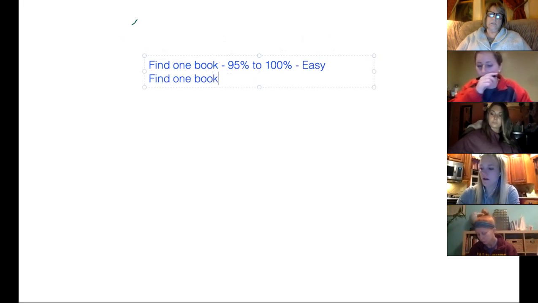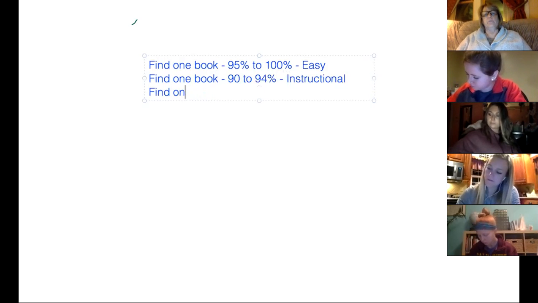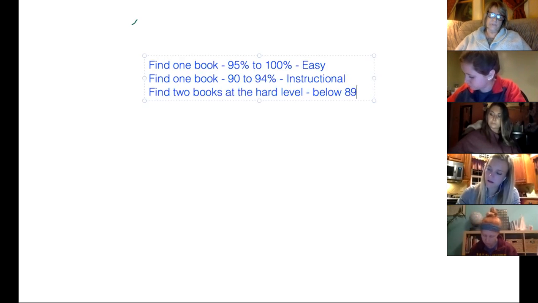Find one book 90 to 94%, and that's your instructional. Find 1 or 2. I would like 2 books. Find 2 books at the hard level that is below 89%.